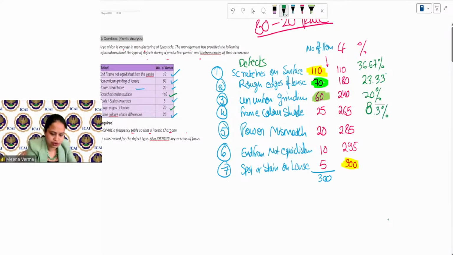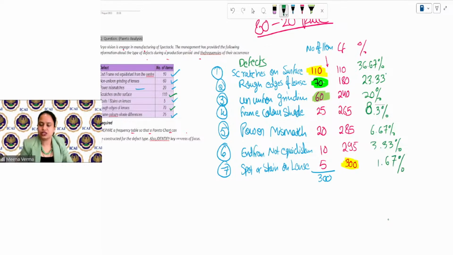Then 20 divided by 300 is 6.67%. Next, 10 divided by 300 is 3.33%. Then 5 divided by 300 is 1.67%. So in this way, we have calculated the percentage of error for all these points.